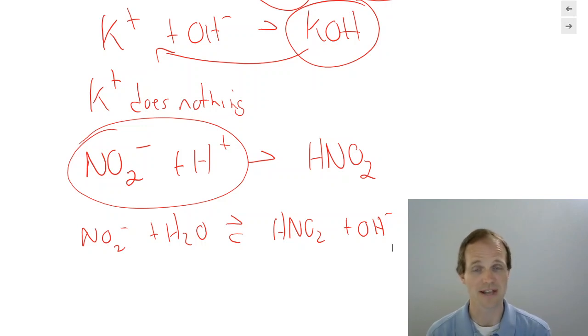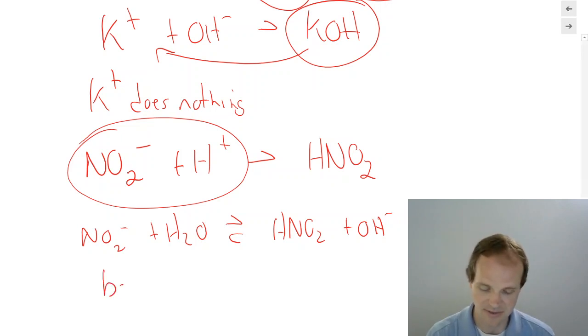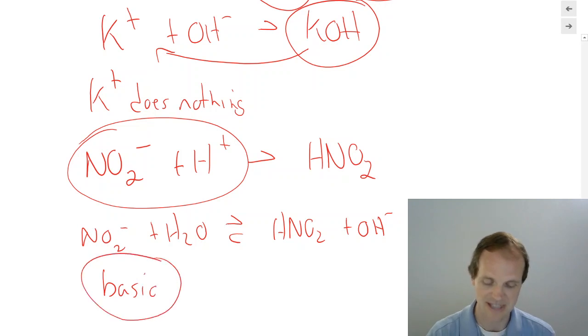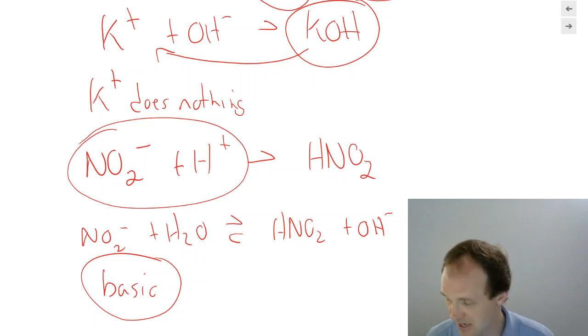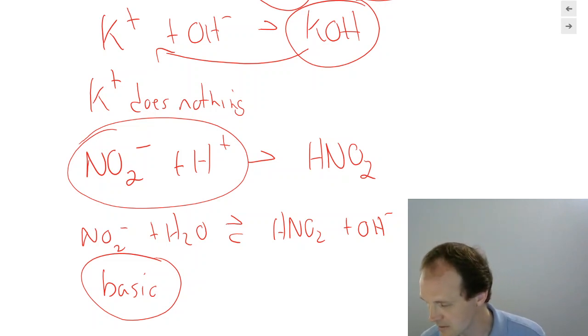You can also think about it as reacting with water, taking the H from water, and spitting out some OH minus. In either case, it's going to leave the solution slightly basic. So overall, a solution of potassium nitrite is going to be basic because of the nitrite ion, with the potassium ions doing nothing.